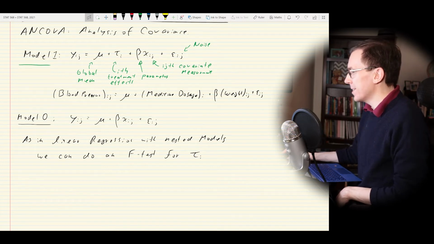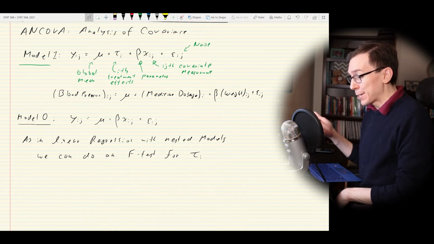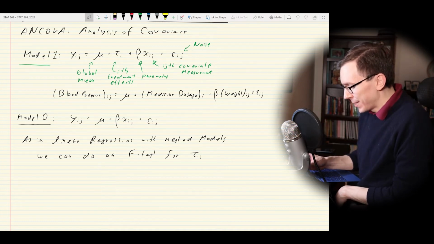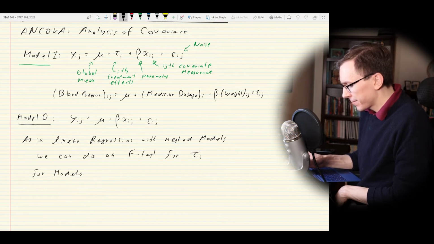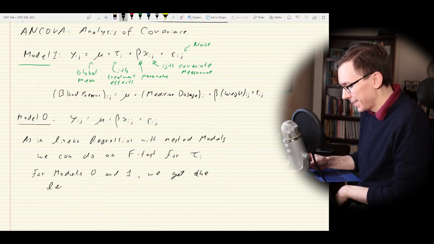Now, in this case, we don't quite get the nice setting as before, but what we can do is basically say for models 0 and 1, we get the least squares estimator.